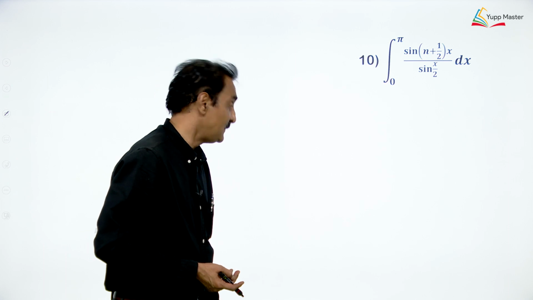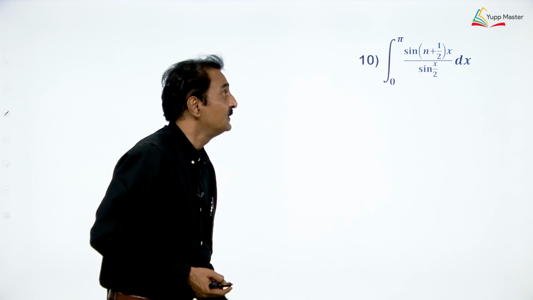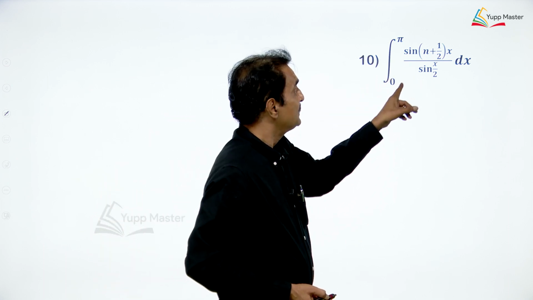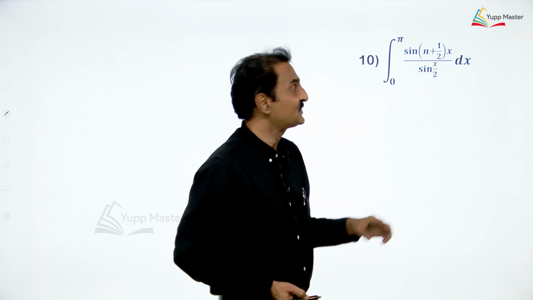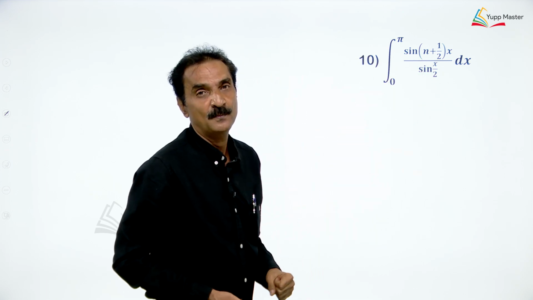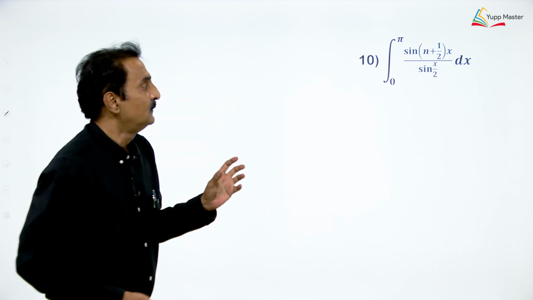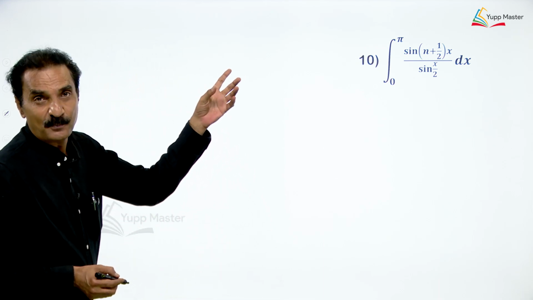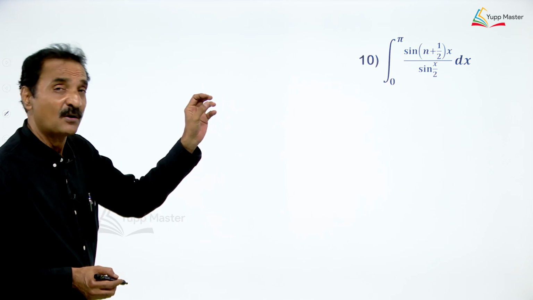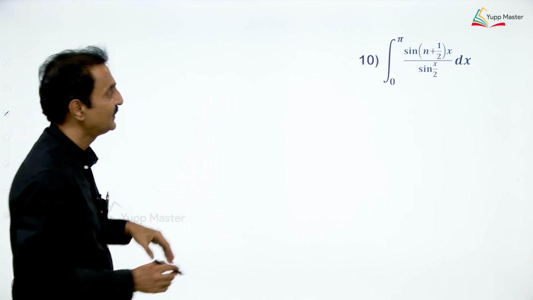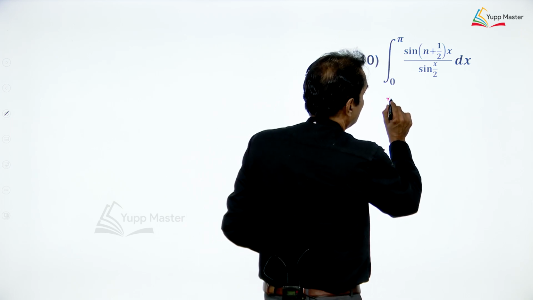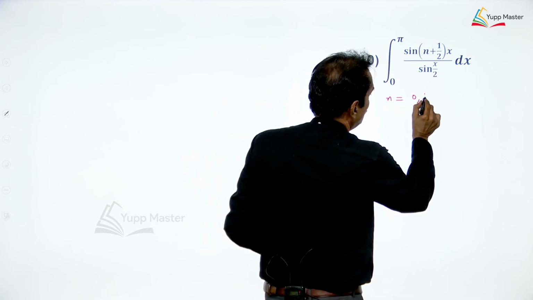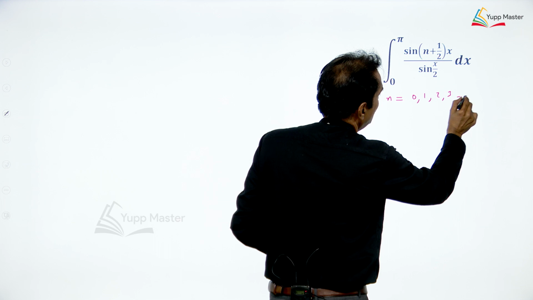Integral 0 to pi sin of n plus half into x upon sin x by 2, to calculate this, where n is a non-negative integer, n is equal to 0, 1, 2, 3 and so on.